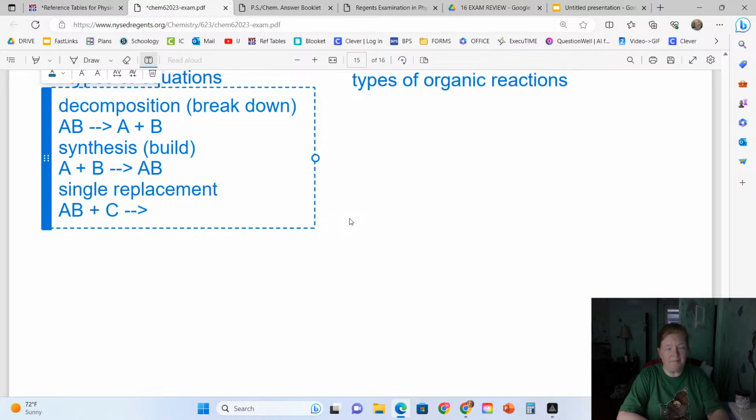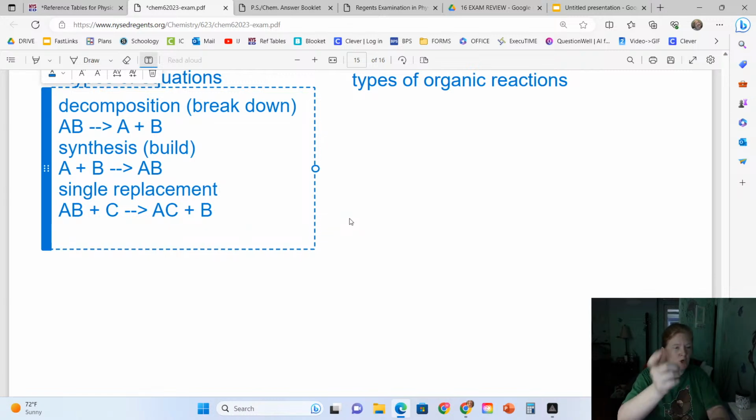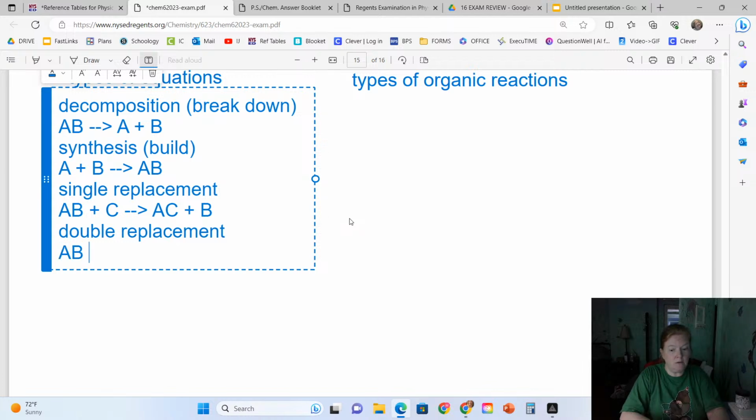So now A and C are dating and B is alone, okay? And so that's a single replacement, okay? You are welcome. And then double replacement is where we have two sets of compounds, A plus B and CD.